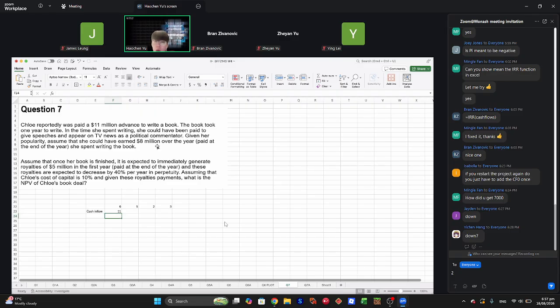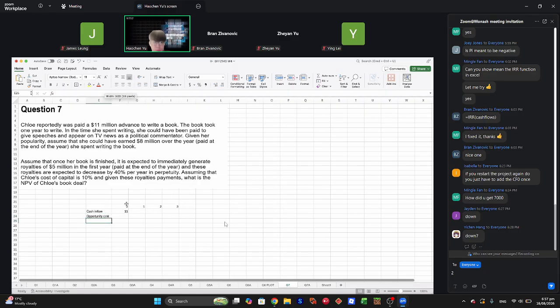So this is called opportunity cost. It's not something she actually loses, because she doesn't have to pay 8 million to other people, but it is the opportunity cost to Chloe, because if she chooses not to write the book, she can receive this 8 million.